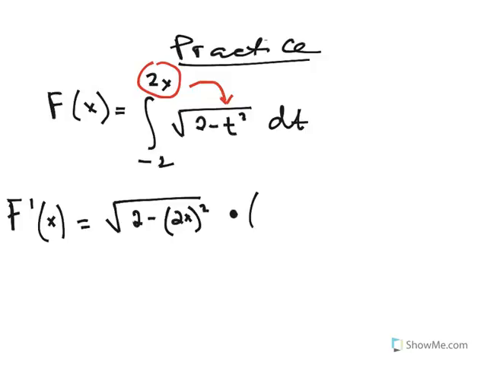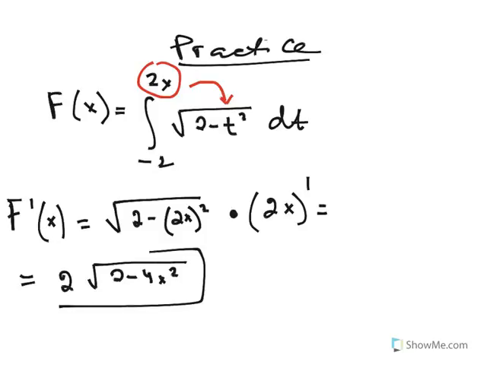And then we need to multiply by the upper bound prime. The upper bound is 2x, prime gives us 2. So we get 2 square root of 2 minus 4x squared. And we're done. That was quick and not painful at all, right?